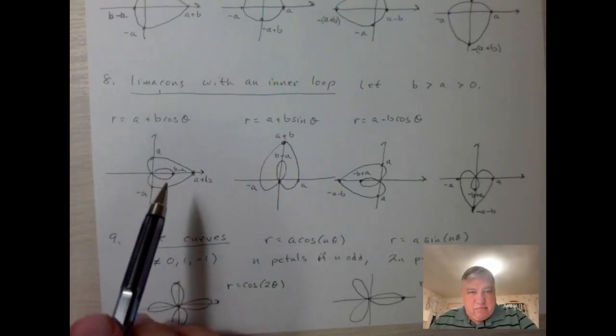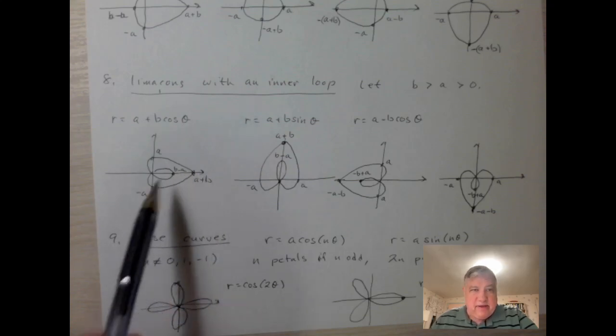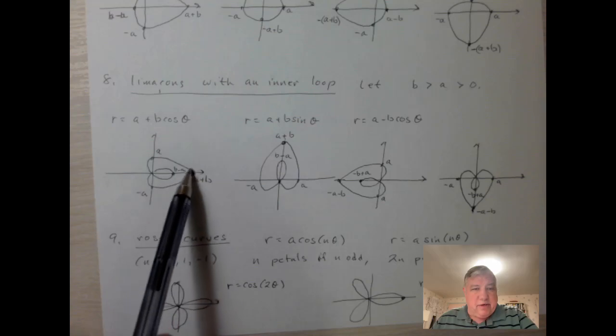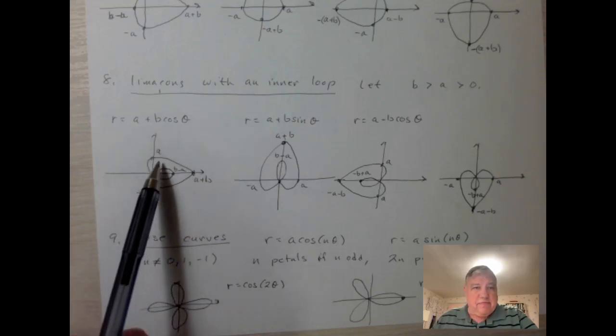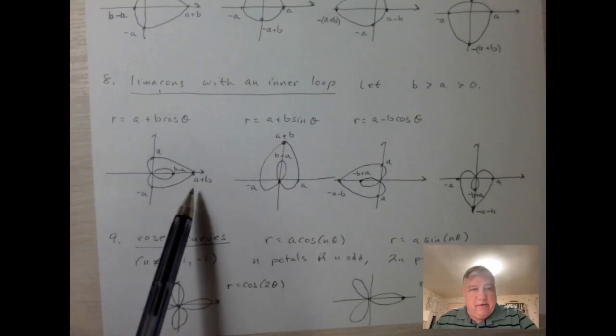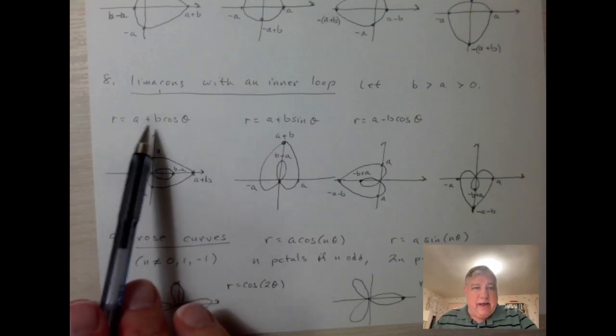You can plug in a few points. When theta equals 0, you get a plus b. When theta equals pi over 2, you get a plus b times 0. When theta equals pi, you get a minus b.